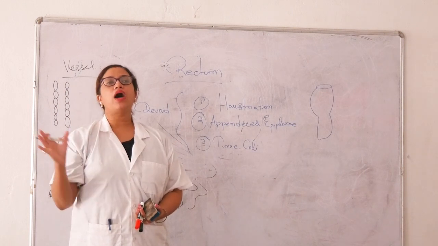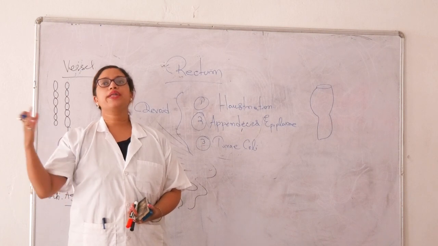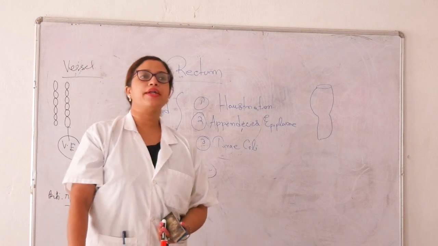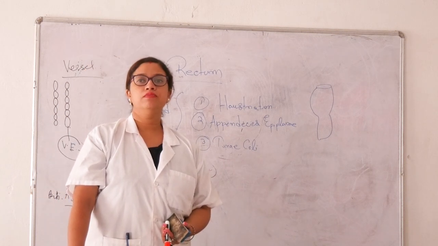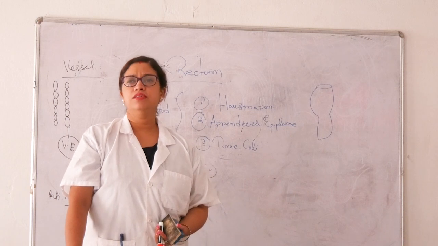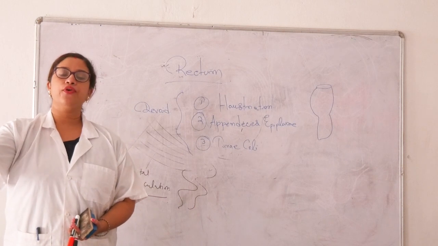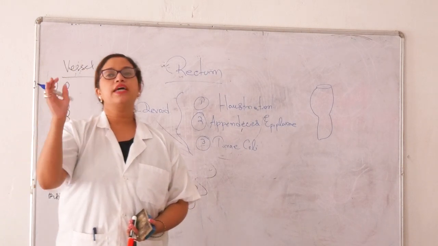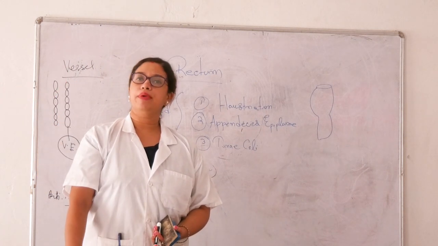Then next, what are the peritoneal relations? Could you tell me the peritoneal relations of the rectum in male and female? Tell me what will be there in case of male? If you take one cross section of the abdomen, the first structure you will see is the umbilicus.